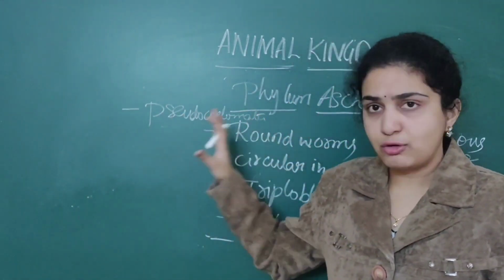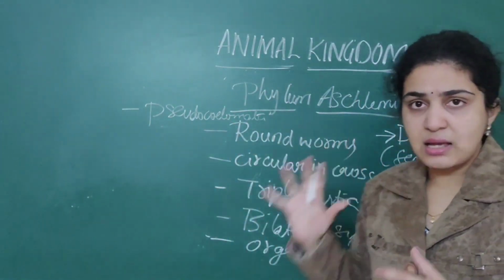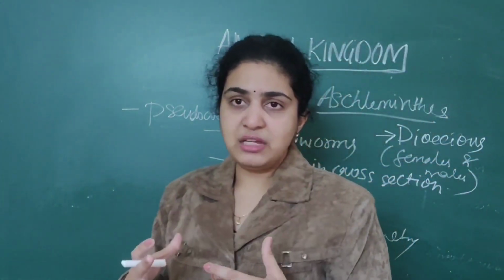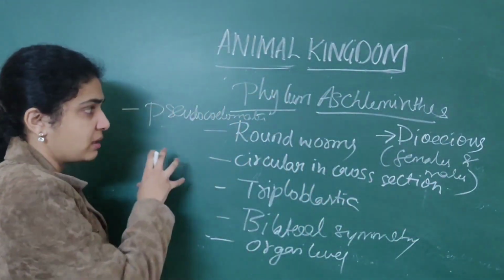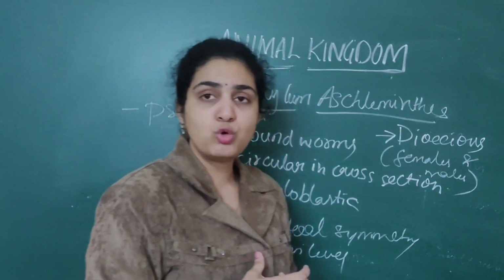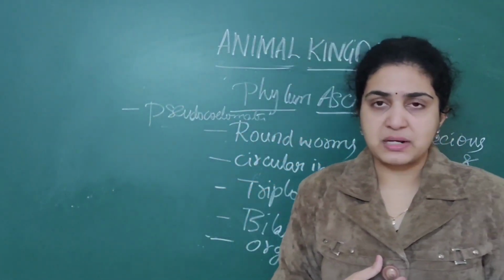They are called flatworms and roundworms. Another important point is that sexes are separate, males and females are separate here. And another property is they exhibit a pseudocoelomate structure, that is, an artificial coelom is present.